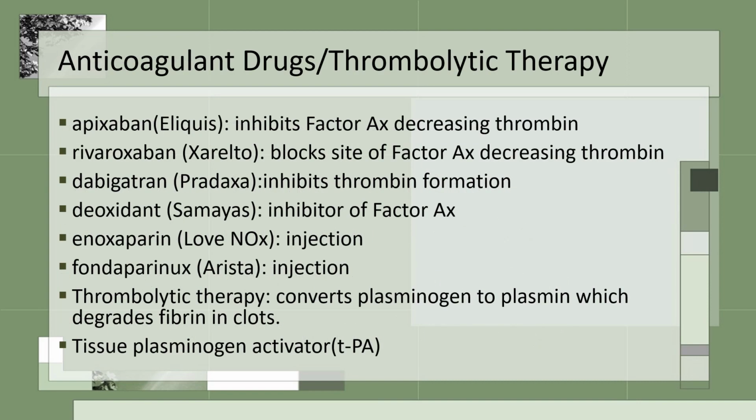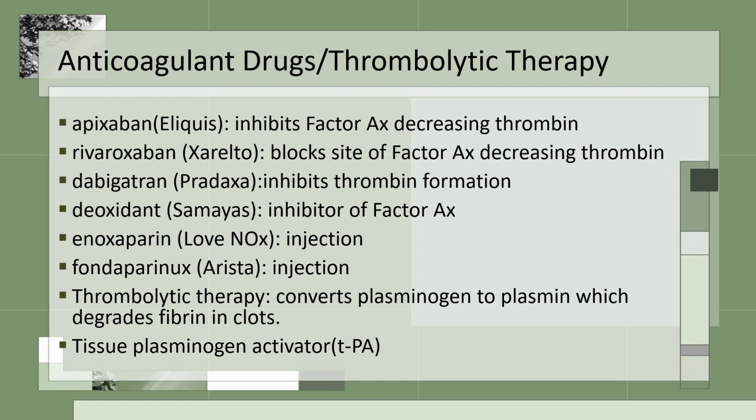On this slide, I have all of the anticoagulant drugs, including one for thrombolytic therapy. The first 4 are pills that people can take to stay anticoagulated and prevent PEs.